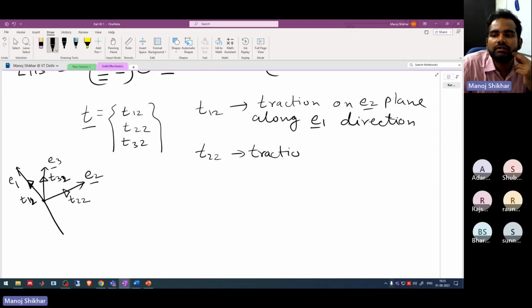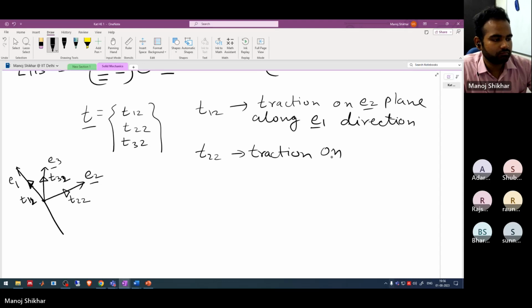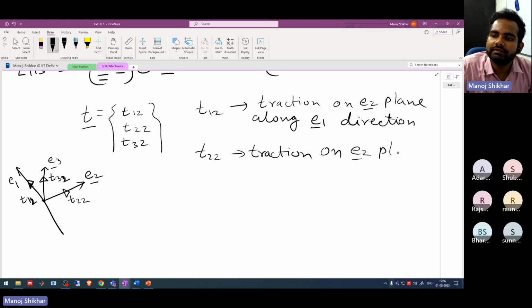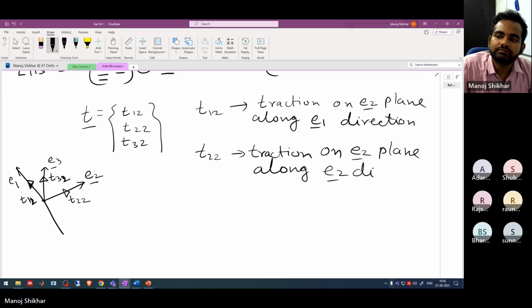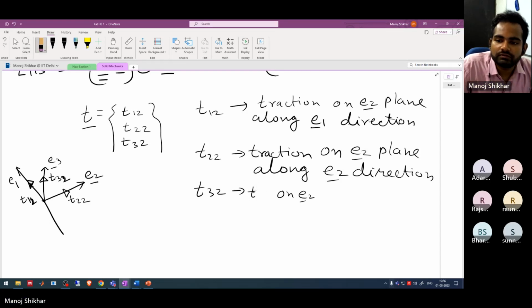Traction on E2 plane along E2 direction. Similarly, T32 is traction on E2 plane along E3 direction.